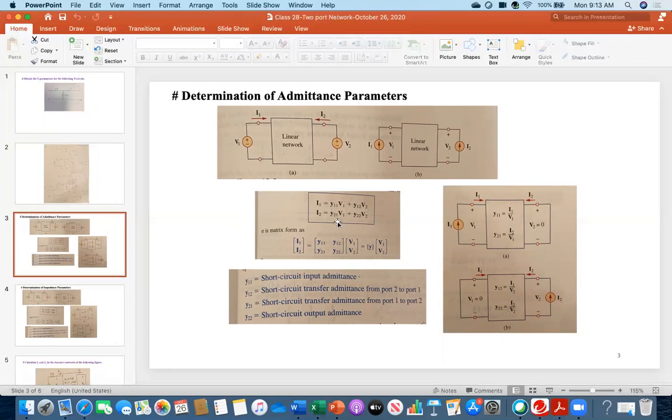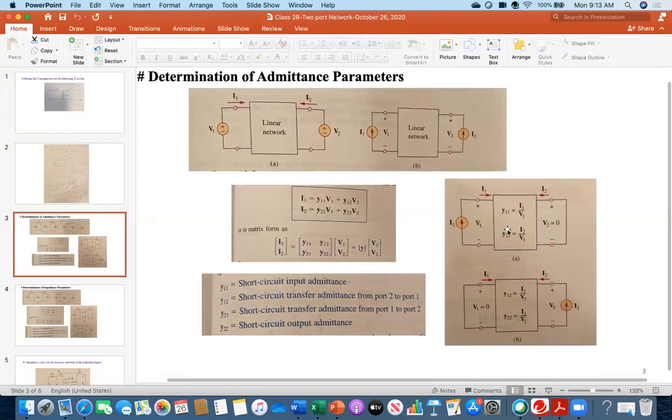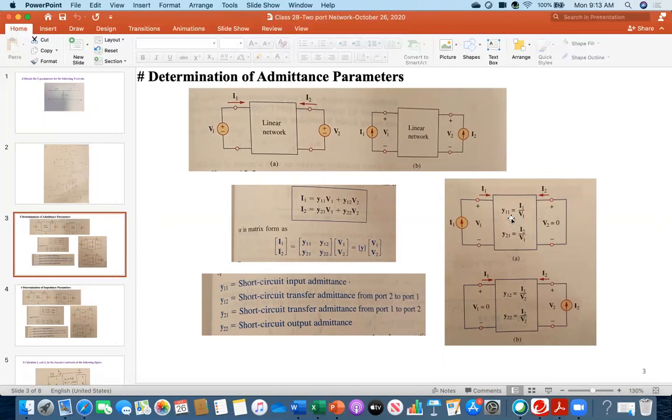Now, how to calculate Y11 and Y21? Here you see, on the right side, it is mentioned that Y11 is I1 over V1, which is derived from the first equation. If you put V2 to 0, then you can get Y11 is I1 over V1.